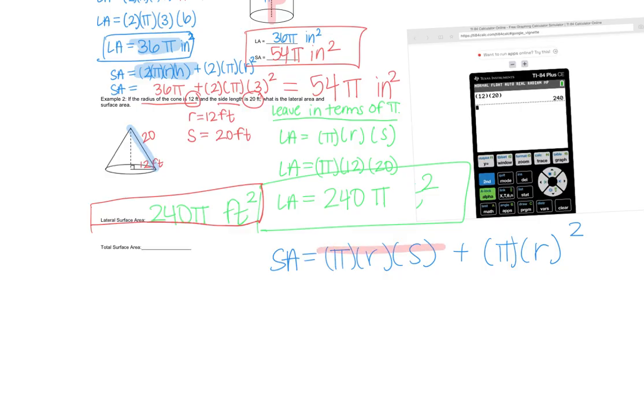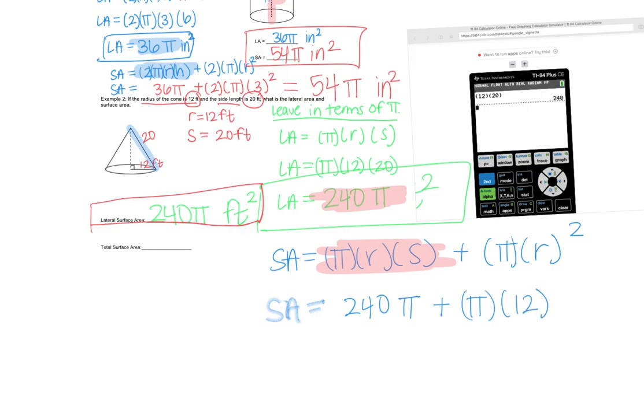The first part of your formula, this part, I already know what it is. It's right there. It's your lateral. So your surface area equals 240 pi plus pi. R is 12. That's all I need for this part. I don't need the side length right now, just R, and it's squaring.